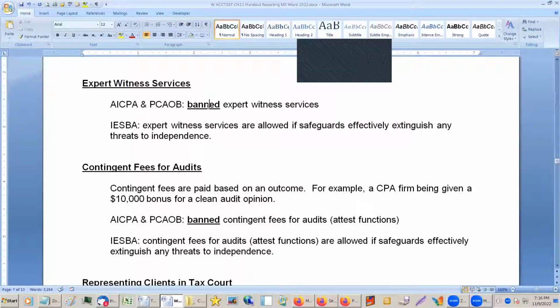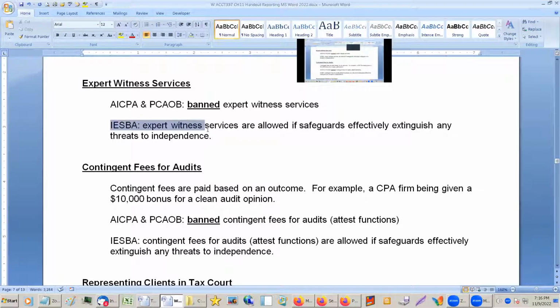But for the most part, it's banned. You cannot be an expert witness. And as he said, it can be allowed if safeguards effectively extinguish the threat. And you're going to see this time and time again. Safeguards.